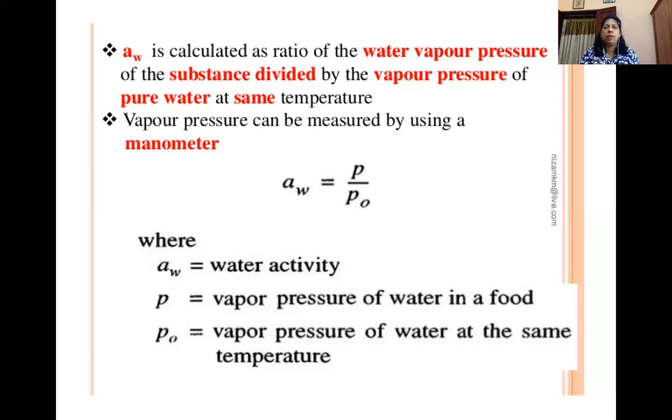That means we have to measure the vapor pressure of the food product as well as the vapor pressure of pure water at the same temperature. Vapor pressure can be measured using a manometer. Water activity is P over P0, where P is the vapor pressure of water in the food, and P0 is the vapor pressure of water at the same temperature.